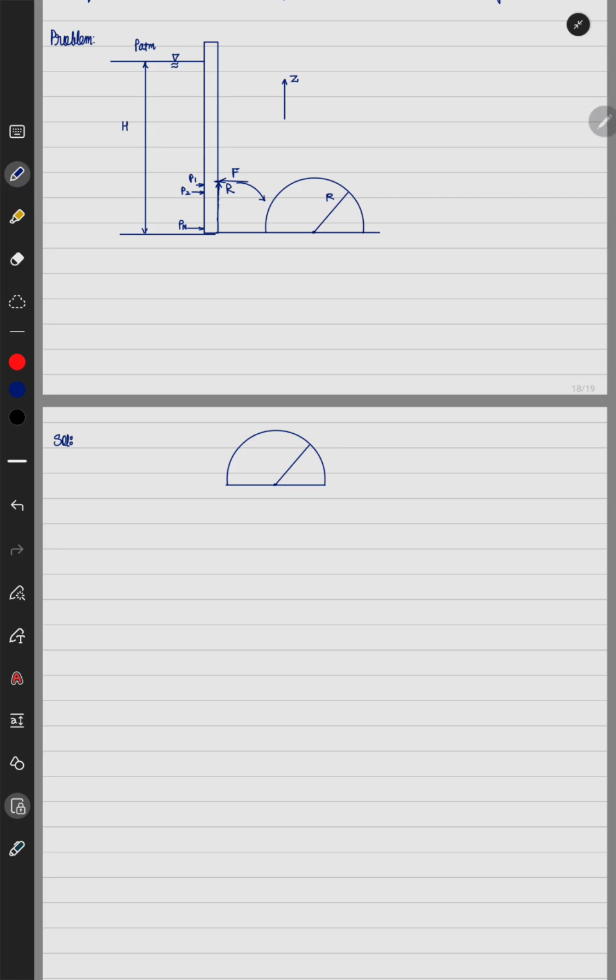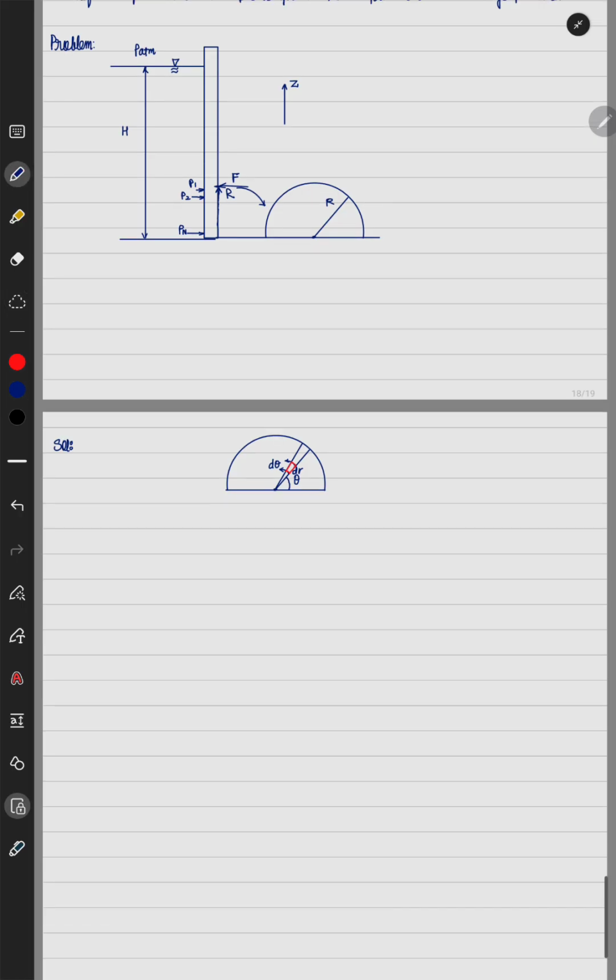This is a variable pressure problem. I would like to solve it by an element approach. Suppose at any angle theta we have a small angle d theta, and at a distance r we have a small length dr. We have taken this as an element whose length is dr and whose small angle is d theta.